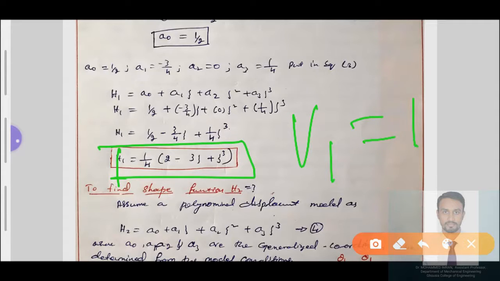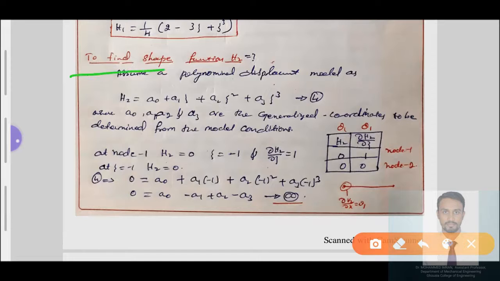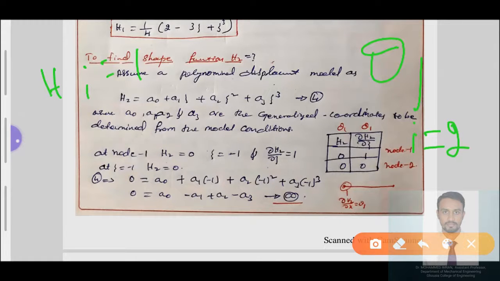equals 1. Next we need to find the Hermite shape function at node number 1 due to the effect of theta 1. Again I will assume i equals 2, which means this hi becomes h2.